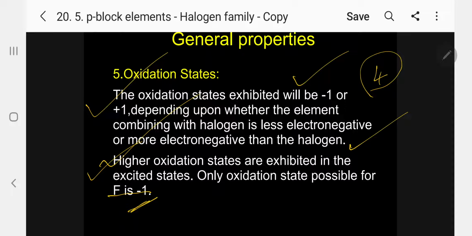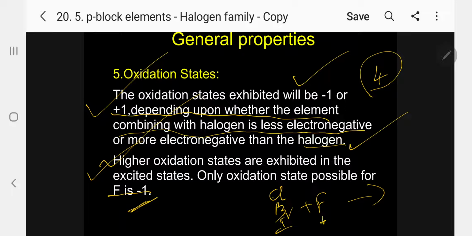Whereas chlorine, bromine and iodine will have positive oxidation states, depending upon whether the element combining with the halogen is less electronegative or more electronegative than the halogen. Suppose chlorine, bromine or iodine combines with fluorine; fluorine is more electronegative.